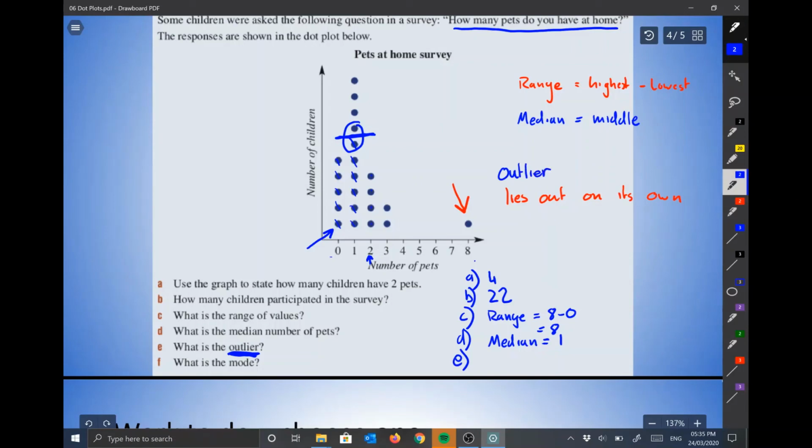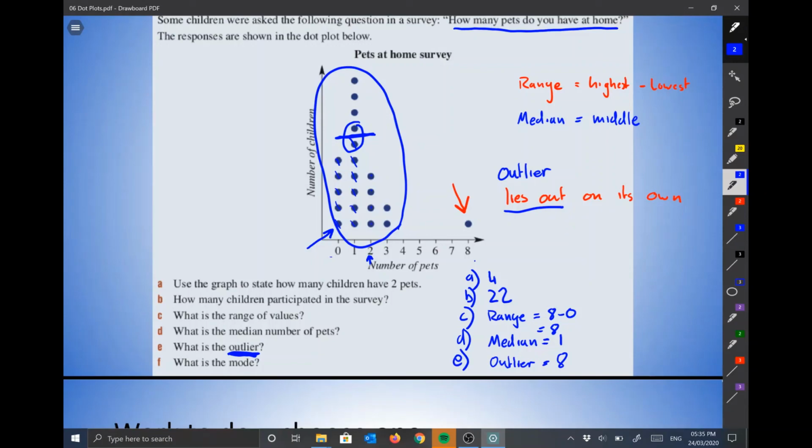That's why it's called the outlier, because it lies out on its own, away from all the other scores. So the outlier equals 8. And the mode, we went over this just before. You should all be able to easily identify the mode. The score that occurs the most often is 1, because it is the tallest column.